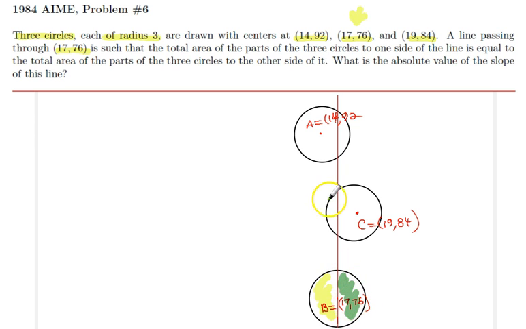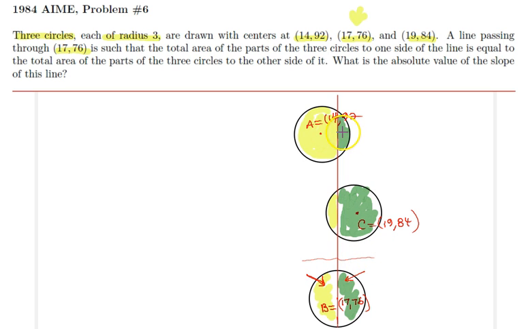Therefore, all I need is to add this area here and this area here, and ensure that it is equal to this area on the left side and this area here. So the sum of the 3 yellow ones is equal to the sum of the 3 green ones. But we already know that this and this are equal, so it's irrelevant for our problem.